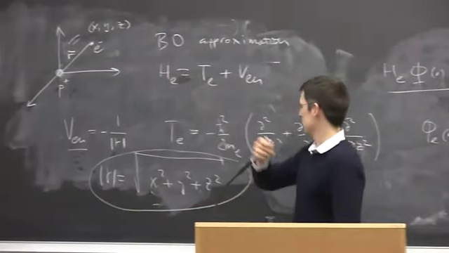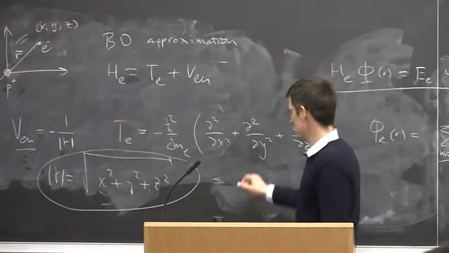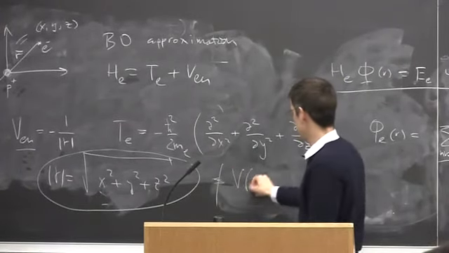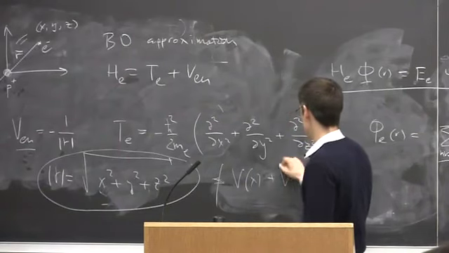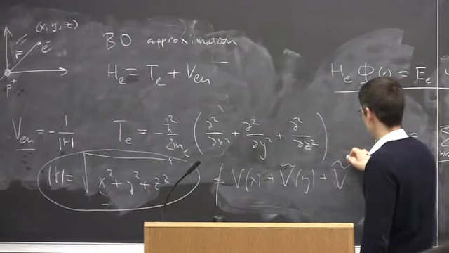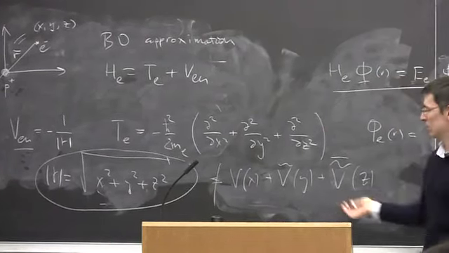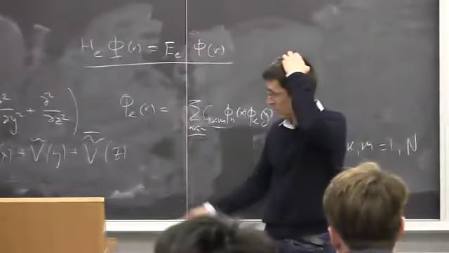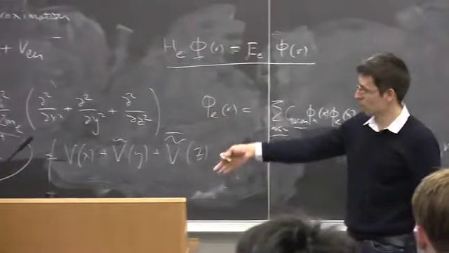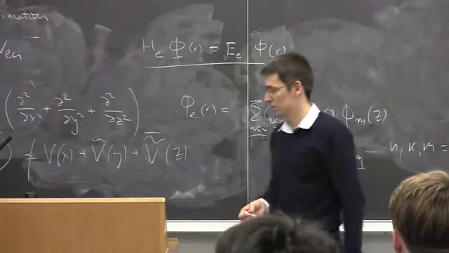It cannot be written as a sum of some potential of x plus some other potential of y plus some other potential of z, right? If it could be written like this, then we could just solve each dimension separately, right? That would be a separable case.